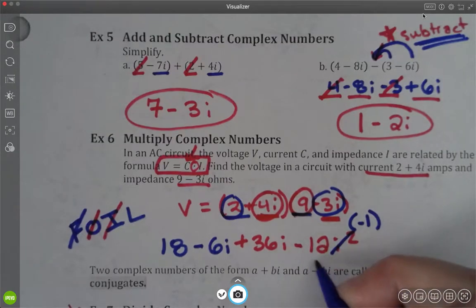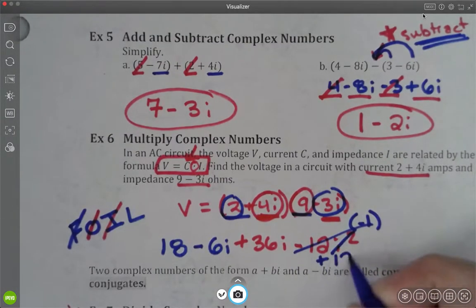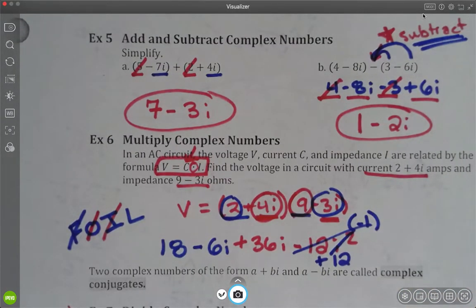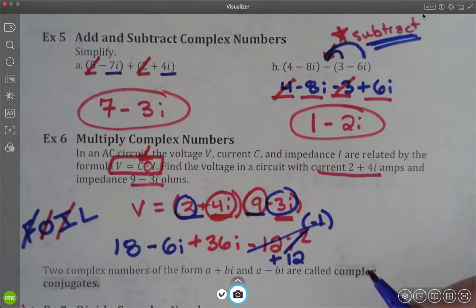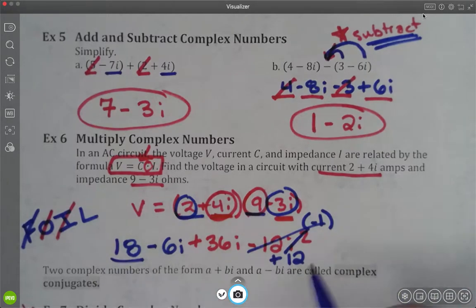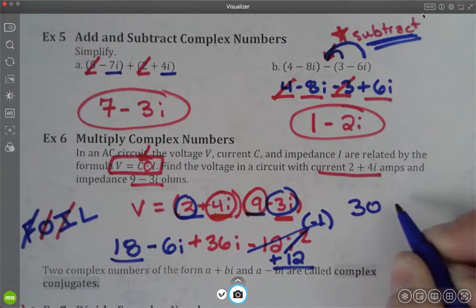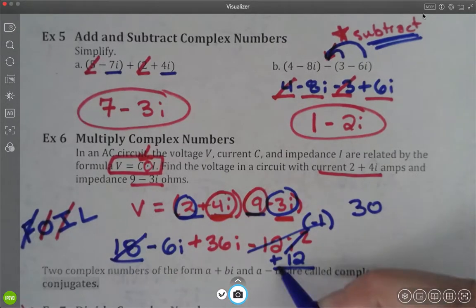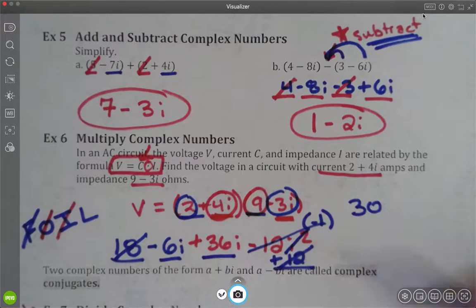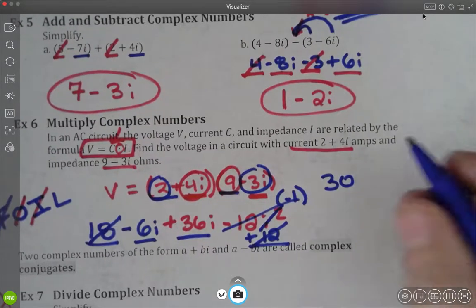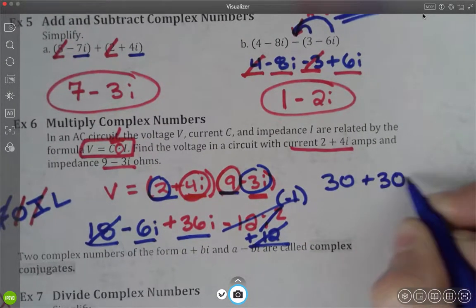So this guy is plus 12. Now I'm going to combine things. So what can be combined? 18 and 12 makes 30. And then I can combine the negative 6i and 36i, which makes 30i. And that is all.